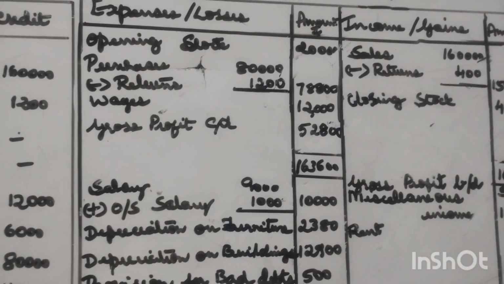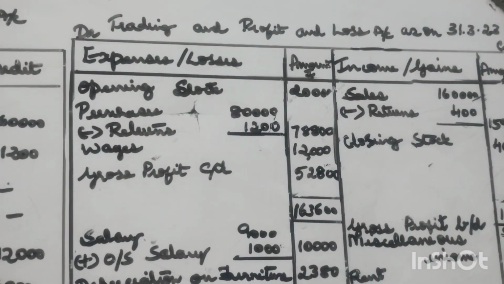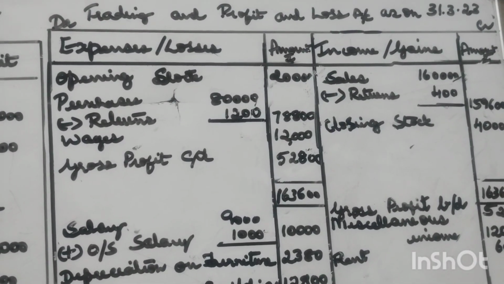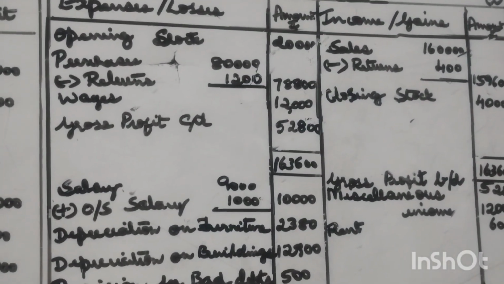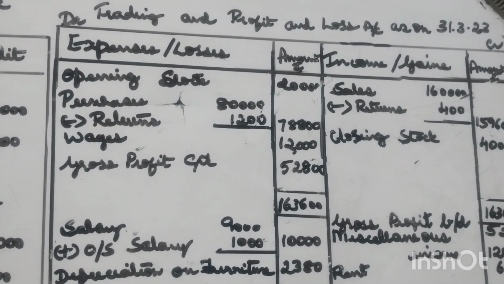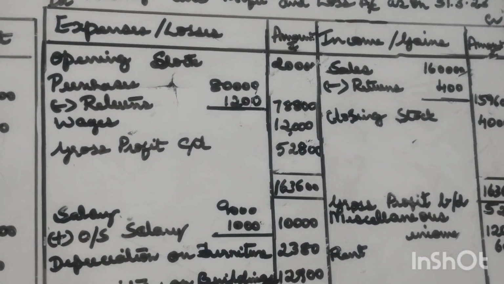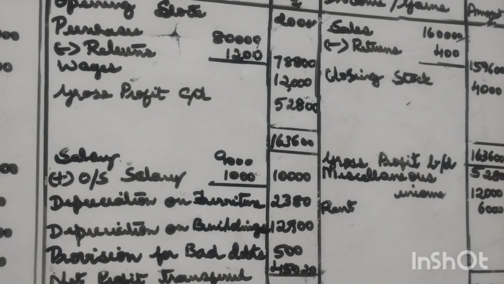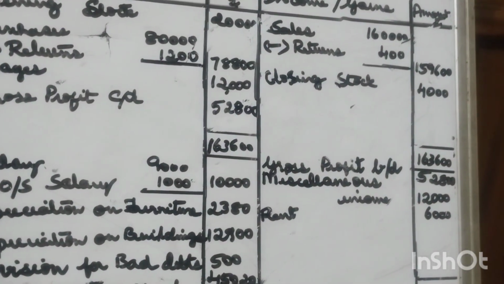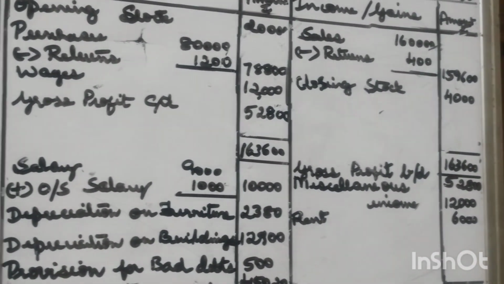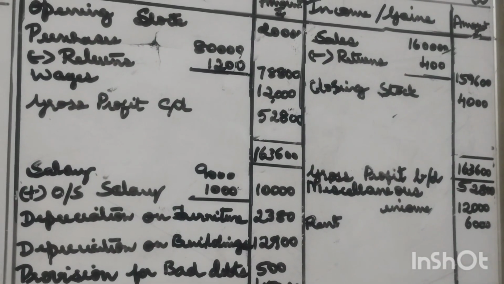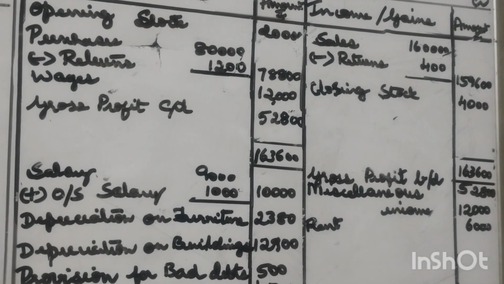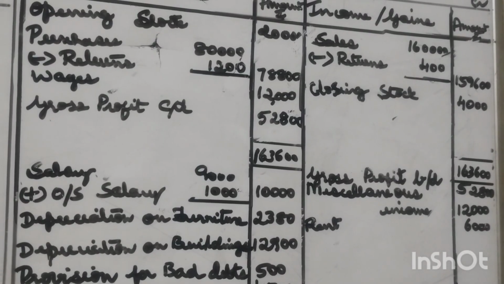So here we are preparing the trading and profit and loss account as on 31/3/2023. The format: expenses or losses, amount; income or gains, amount. First, preparation of the trading account, finding out gross profit or gross loss. Gross profit has to be transferred to the credit side of the profit and loss account. Gross loss has to be transferred to the debit side.